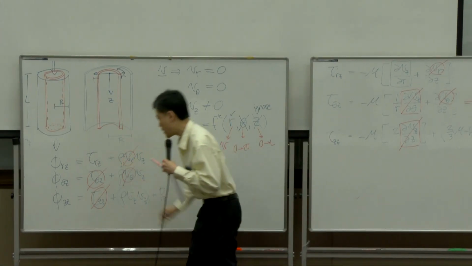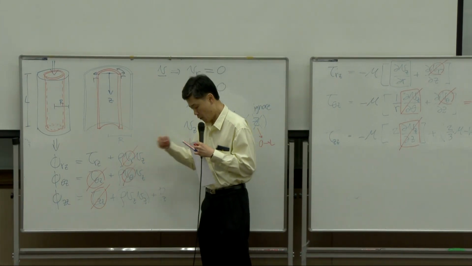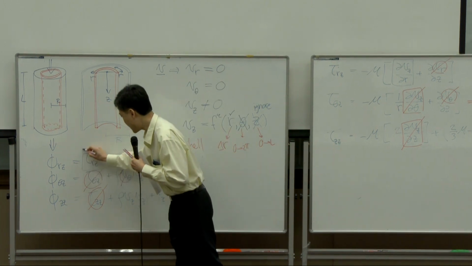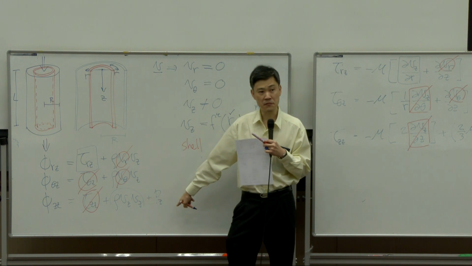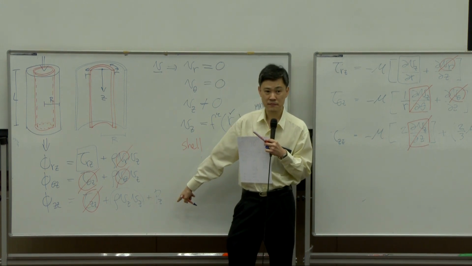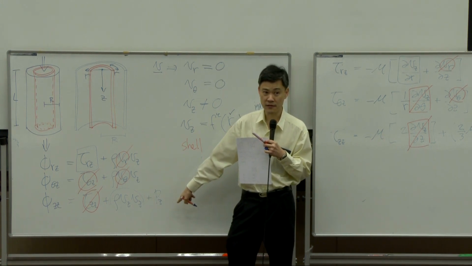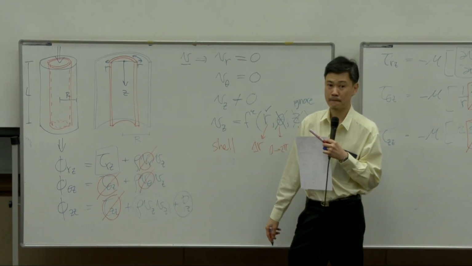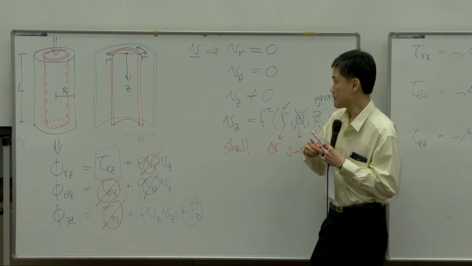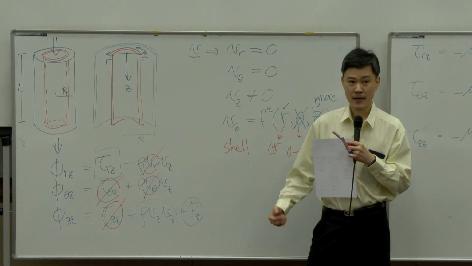Zz is 0. This term will be gone. Zeta z will be gone. So we have only tau rz left. And this term, is pressure 0? It's not 0, is it? So pressure must be kept as well. Okay? Any question?